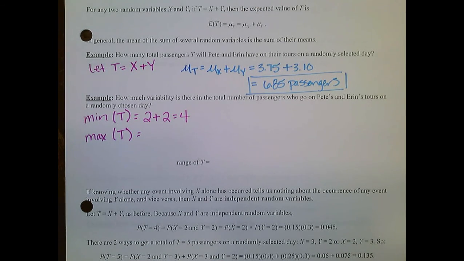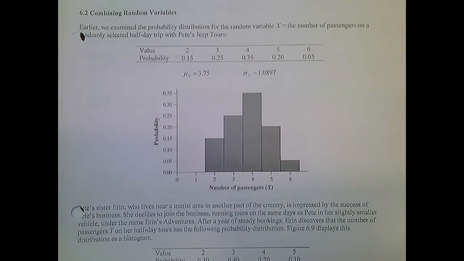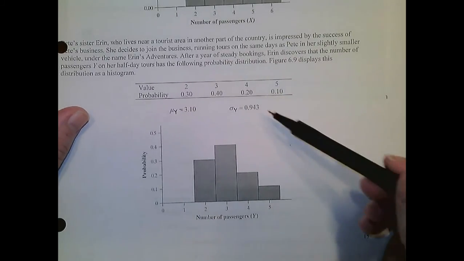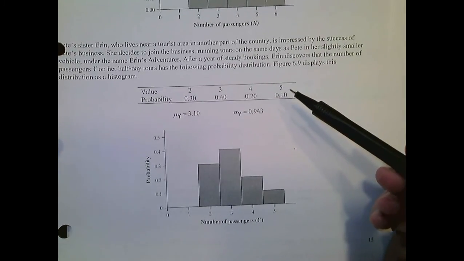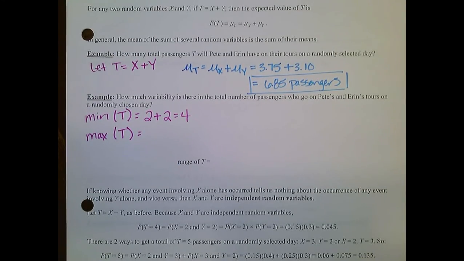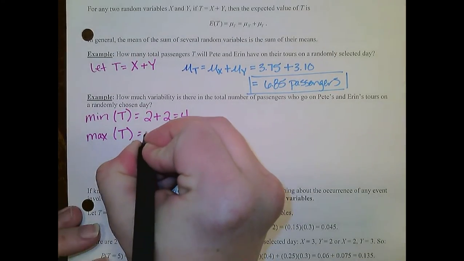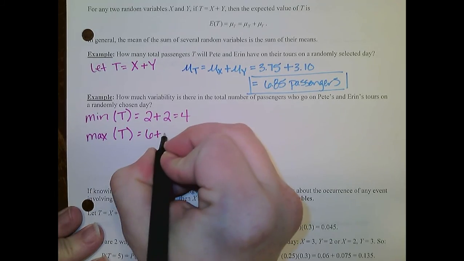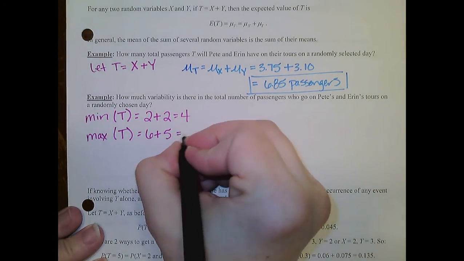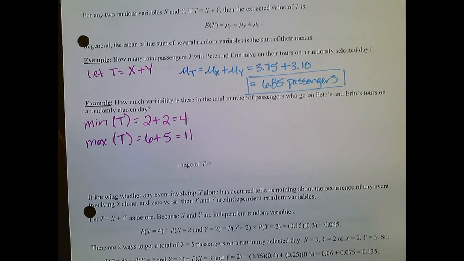Now for the maximum, we know that the most passengers that Pete can carry is 6. And then they also gave us that the most passengers that Aaron can carry is 5. So if they both were at maximum capacity, then the maximum total that they could carry would be Pete's max, 6, plus Aaron's max, 5. So the maximum that they could have on any given day would be 11.